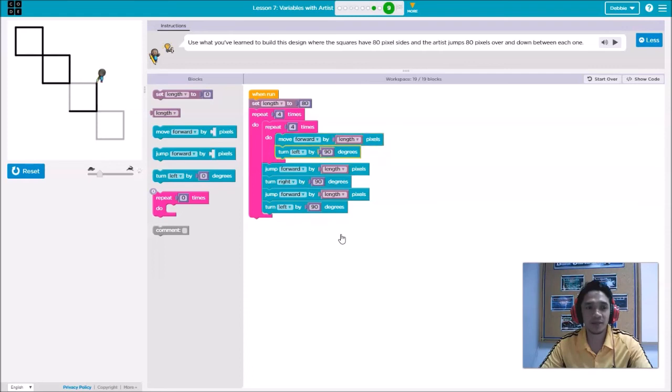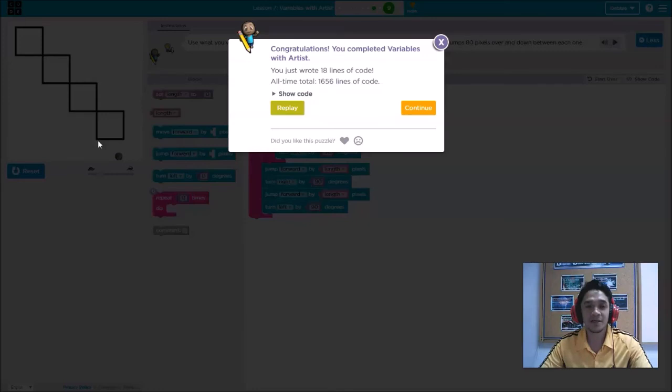Draw a square, and then jump, and start the drawing again. So that is how to solve our problem.